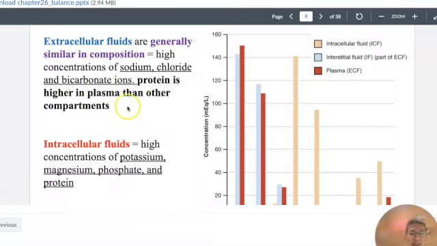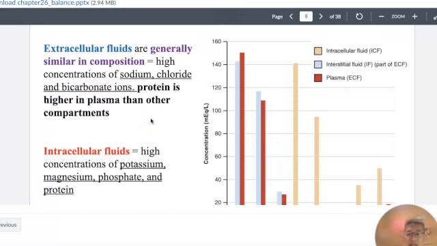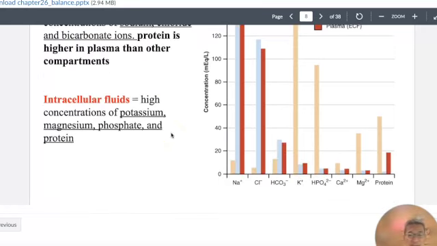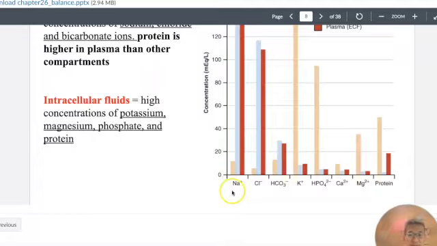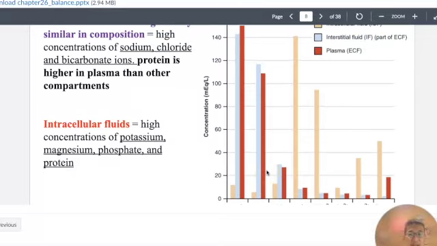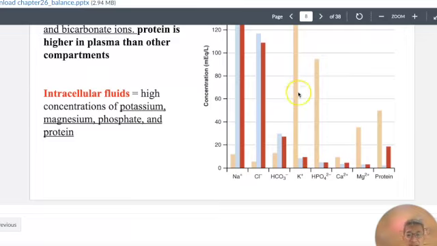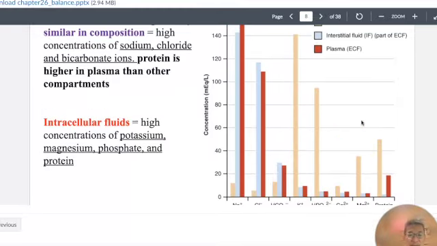Protein is high in plasma. So the outside of the cells is higher in sodium and chloride, but on the inside of the cell, potassium is higher, and phosphate and protein are higher on the inside.